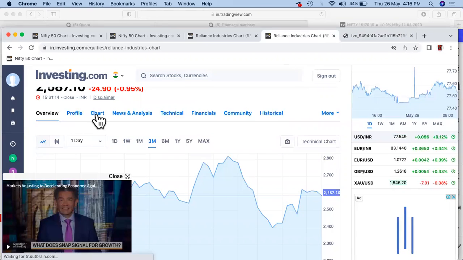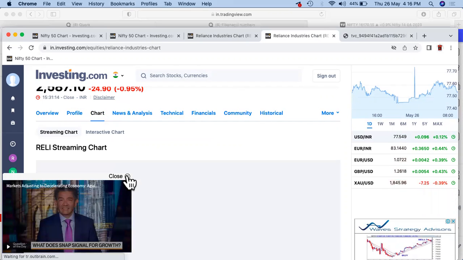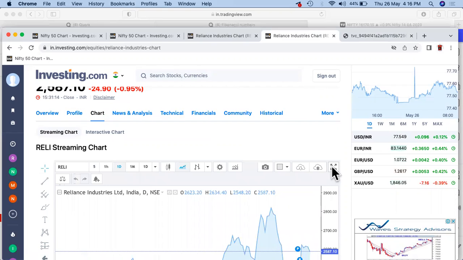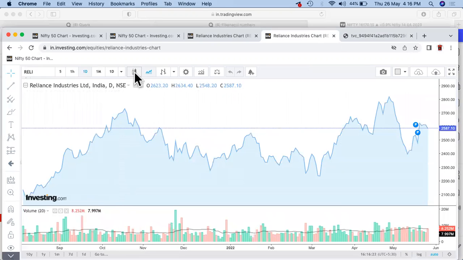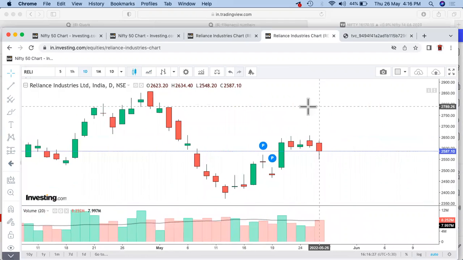Let's go for Reliance, because this was the previous cycle which I have at least been able to trade. The details have already been put up across the videos. I'll go to a lower time frame, let's say an hourly one.